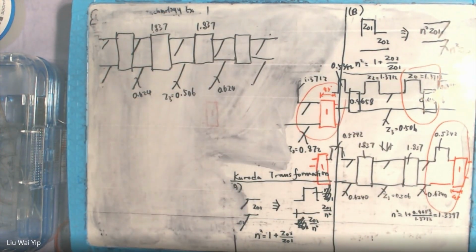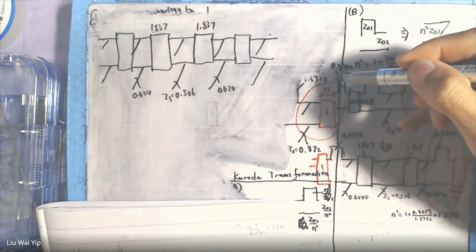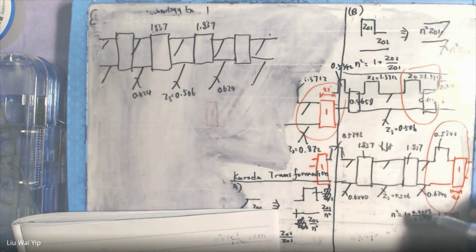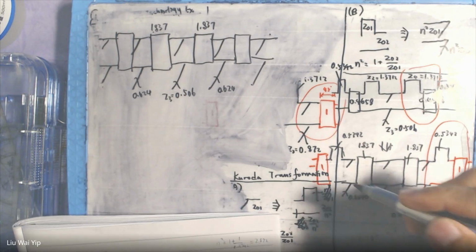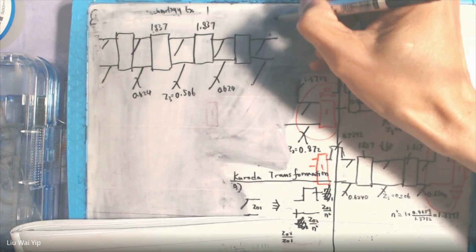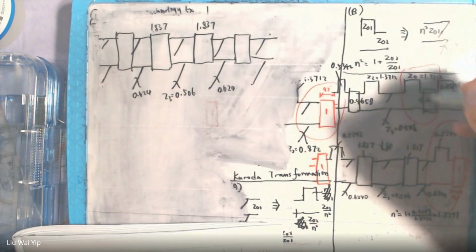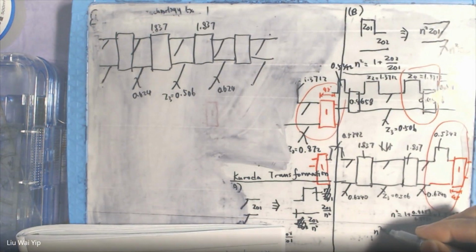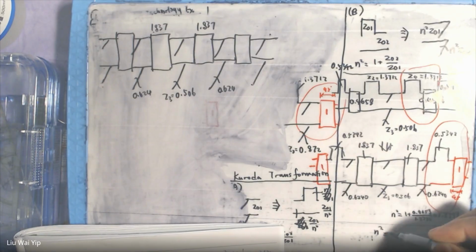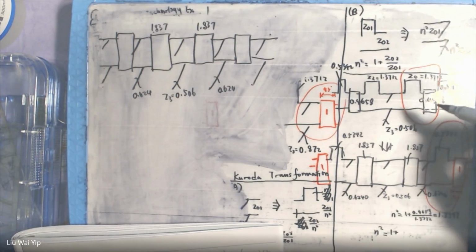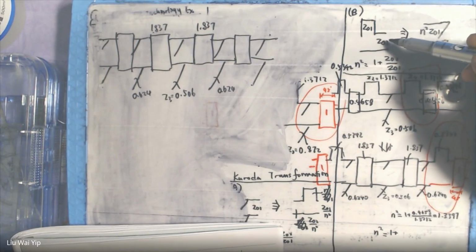Now we are going to calculate the length of the open circuit stop, the impedance of the open circuit stop. And according to what we have here, n square now equals 1 plus the ZO2.